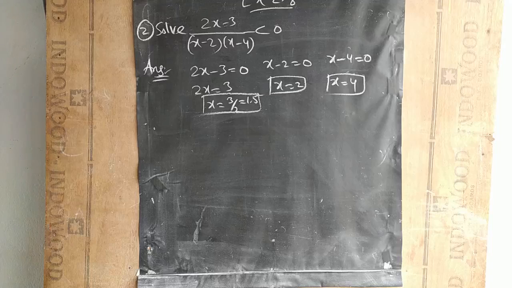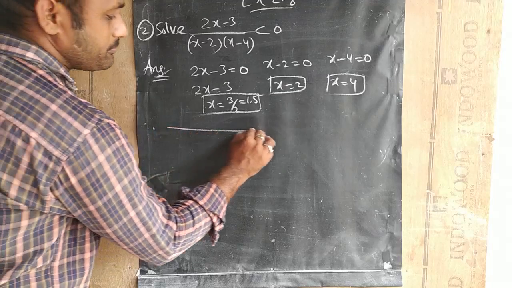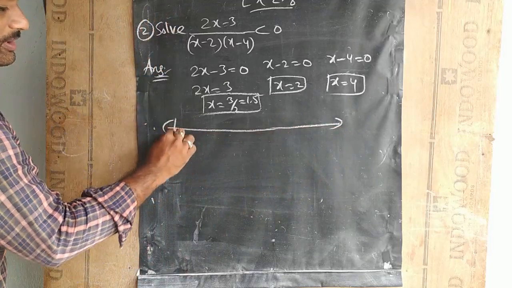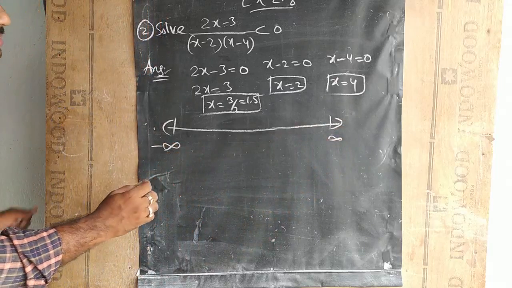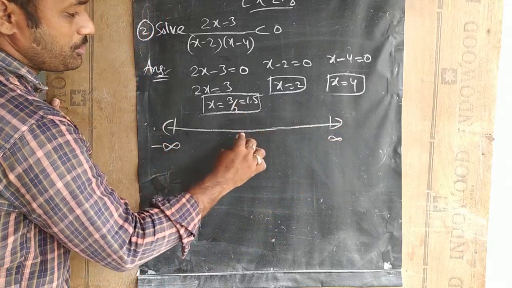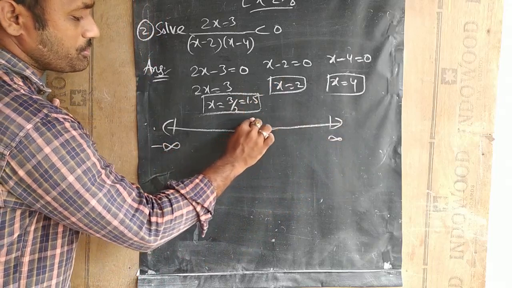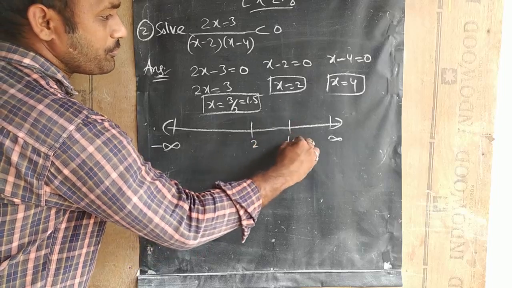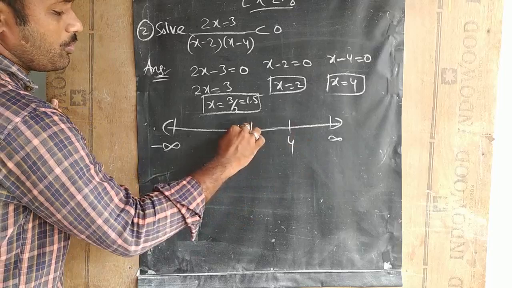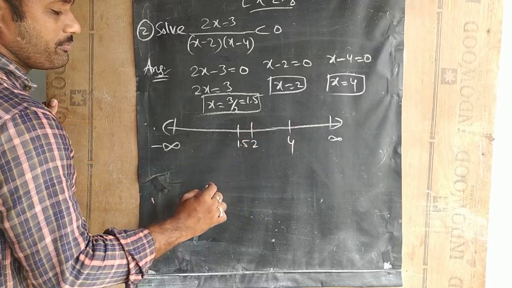We got the 3 x values. Now we will represent this on the number line, that is minus infinity to plus infinity. So 0, all are positive numbers, so no issues for us. Here it is 2, here it is 4, and here it is 1.5.